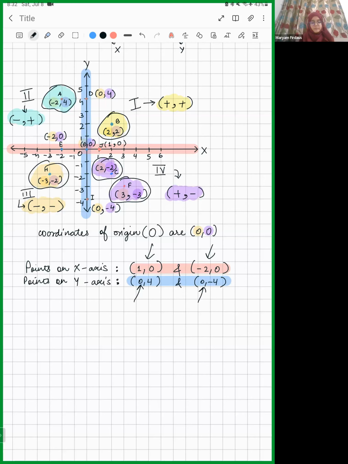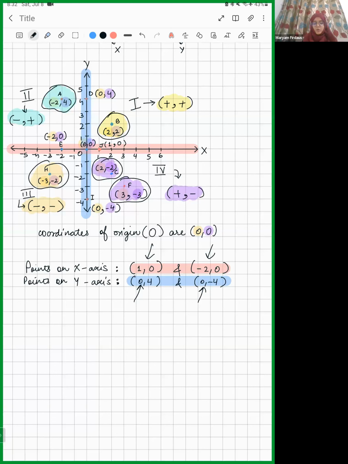They both lie on the x-axis. Yeah, I'm asking what is common in them. Look at their coordinates and tell me what is common in them. Zain, Abdul Jabbar, anyone. Come on, it's not that difficult to notice.